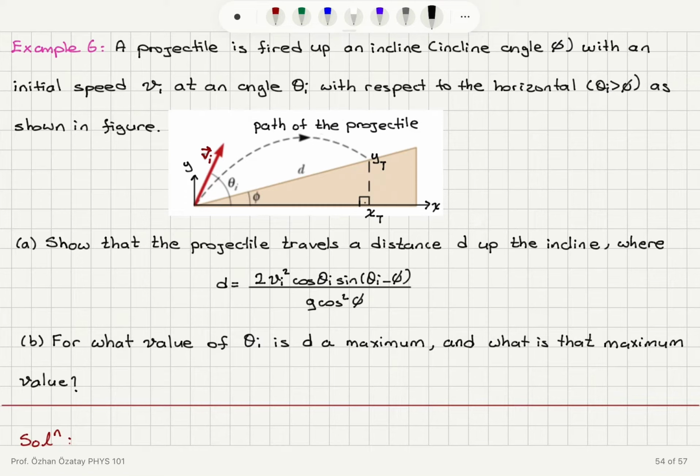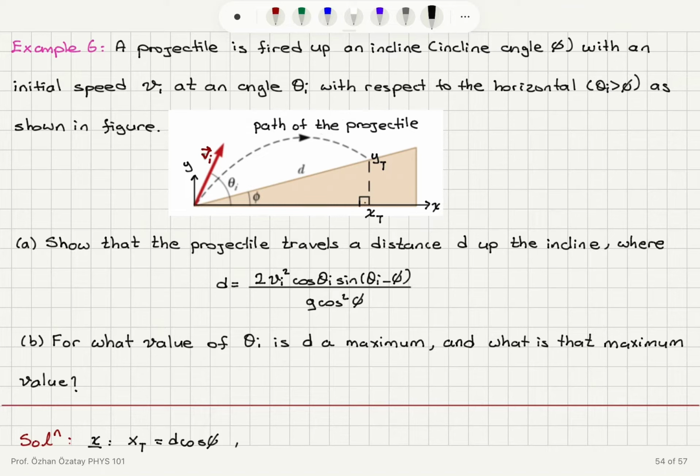Okay, another projectile motion, we have to analyze x and y components separately. Now for the x component of the projectile motion, we have the range of the motion on the x-axis, xt, will be equal to d cosine phi, because d is the distance it travels before it hits the inclined plane.